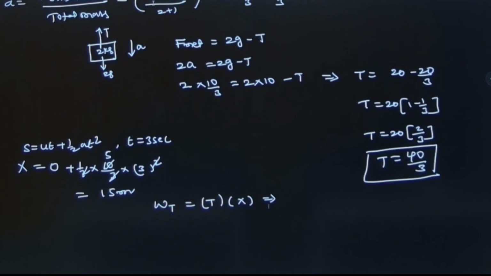On which body is it asking? The 2 kg block, right? The displacement is downward, so this is equal to minus T, that is 40 by 3, into X, which is 15. 3 ones 3, 5s. What is this answer? Minus 200 joule.